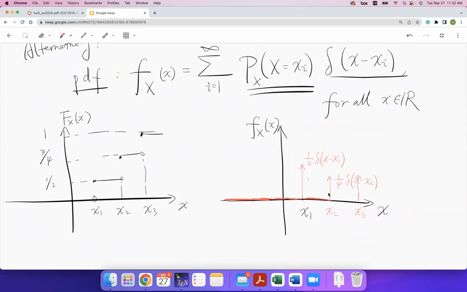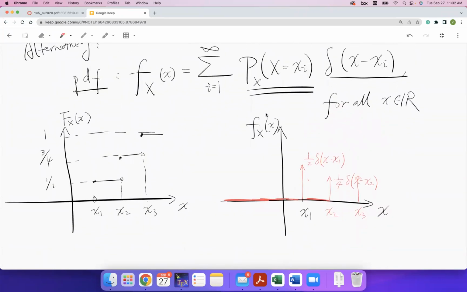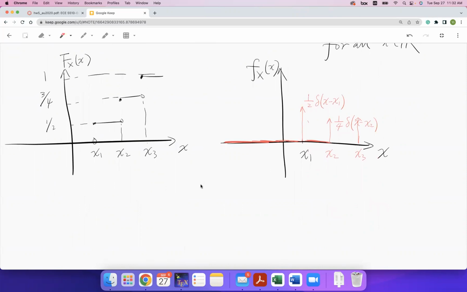For example, one of the requirements of the PDF function is that the integration of the entire PDF function must be 1. Right? And here, let's look at this. If we integrate this PDF function, it basically contains 3 impulses. This is the impulse function.